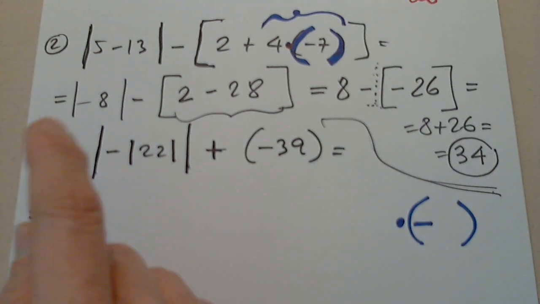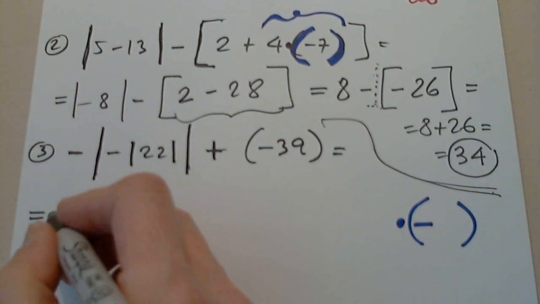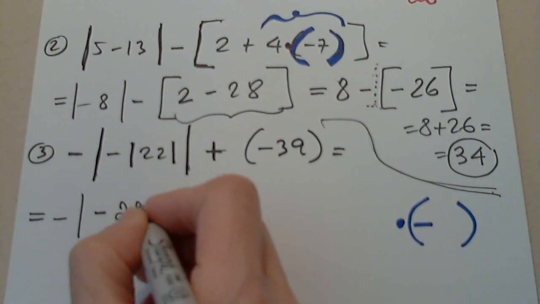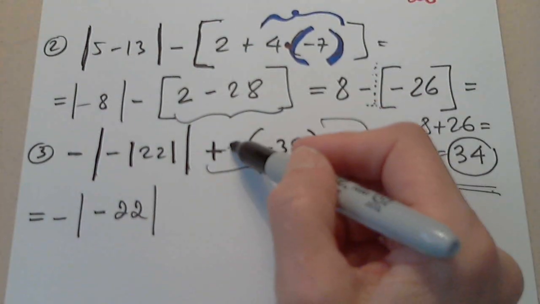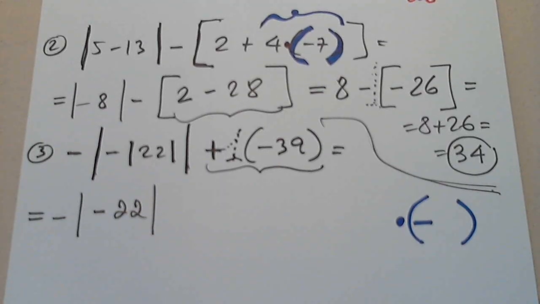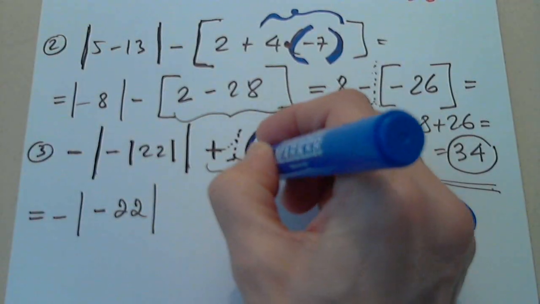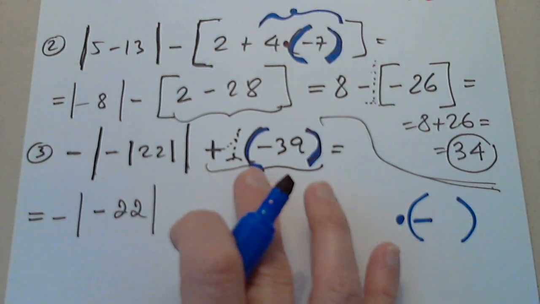So, we start with the absolute value of 22, which is 22. So then I copy negative 22. Here, imagine, again, this grouping symbol is not a grouping symbol. It's only used to separate the addition from the subtraction.